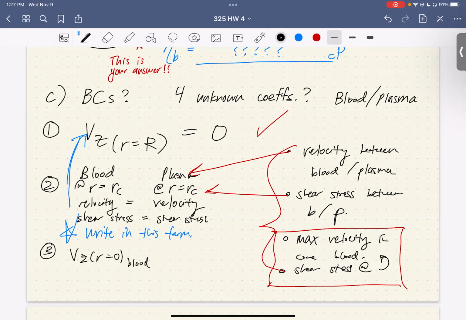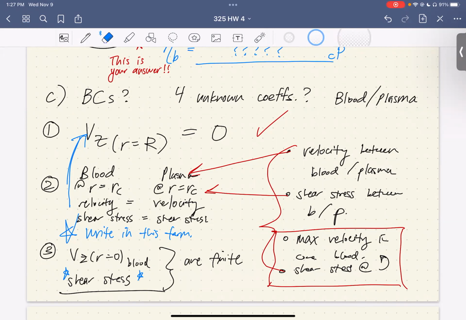There's a hint for how to write the second boundary condition. And you can also write it for shear stress. Please write it out. And then you can just say they are finite, they're not infinite. Actually, it could be zero, so let's just say it's finite.